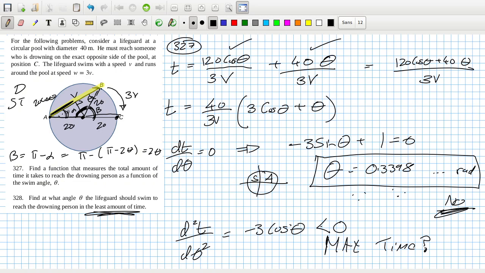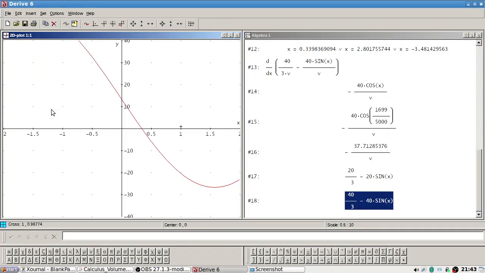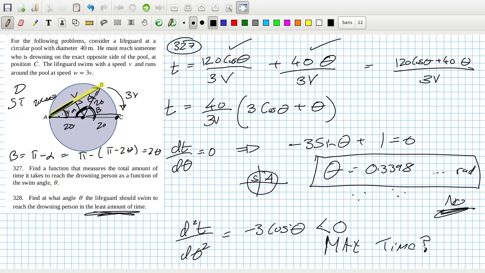Theta has to be at most 90, which is pi over 2, which is about 1.5. So I feel like there's some issue with the sign here.